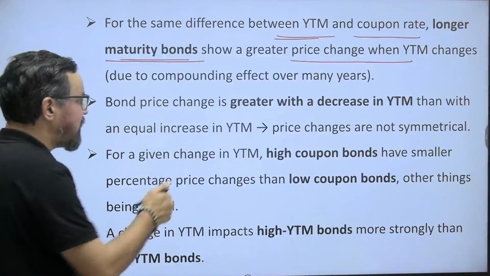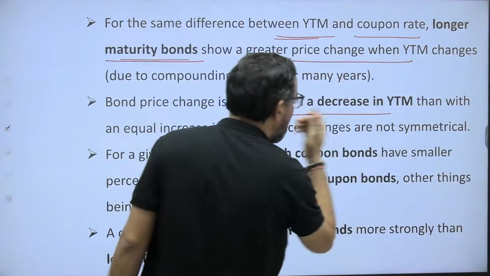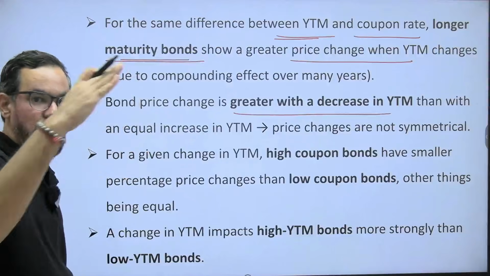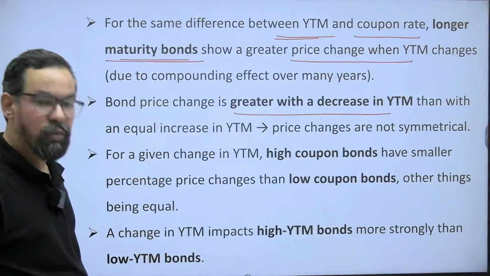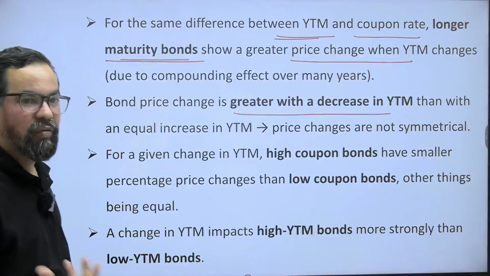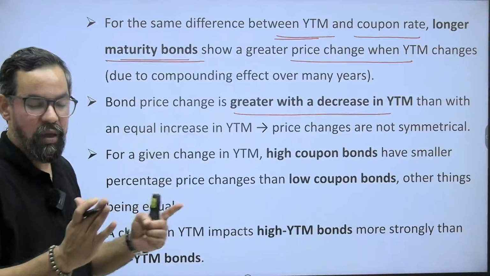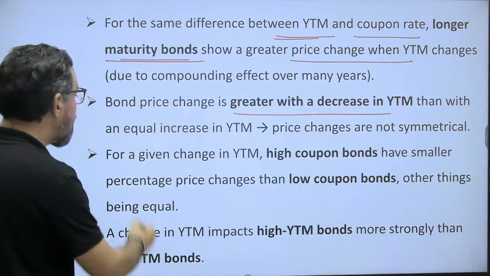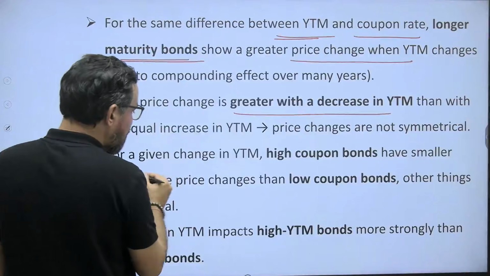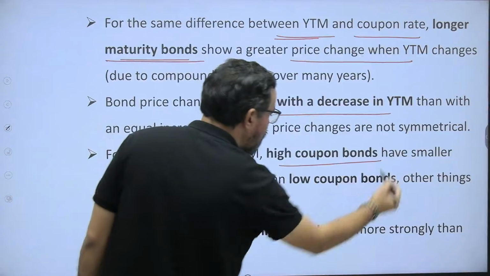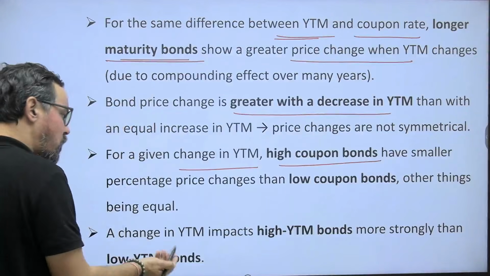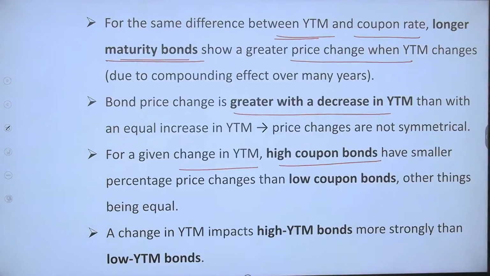Bond price change is greater with a decrease in YTM as it reaches maturity. So the fluctuation will come down. Okay? Because now we do not have any sort of arbitrage and there is least speculation in these kinds of things. Okay? So this is the case. For a given change in YTM, high coupon bonds have smaller percentage price change than low coupon bonds.